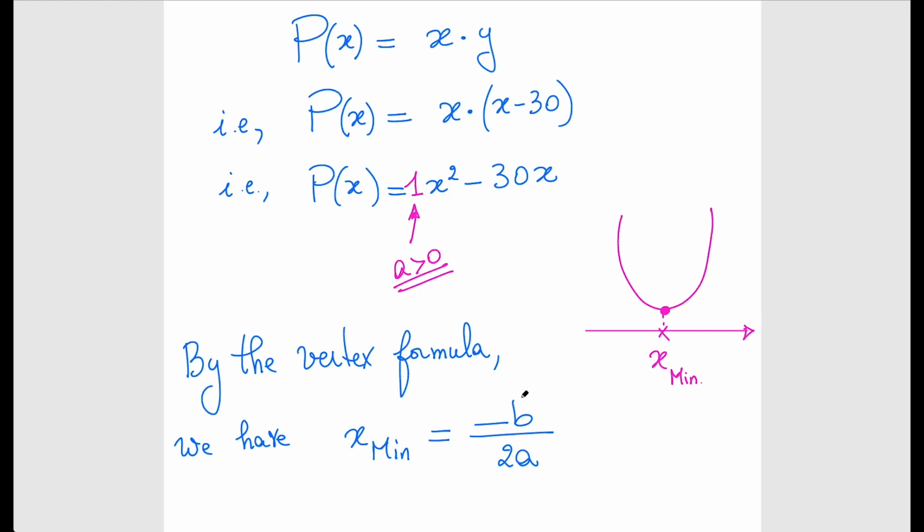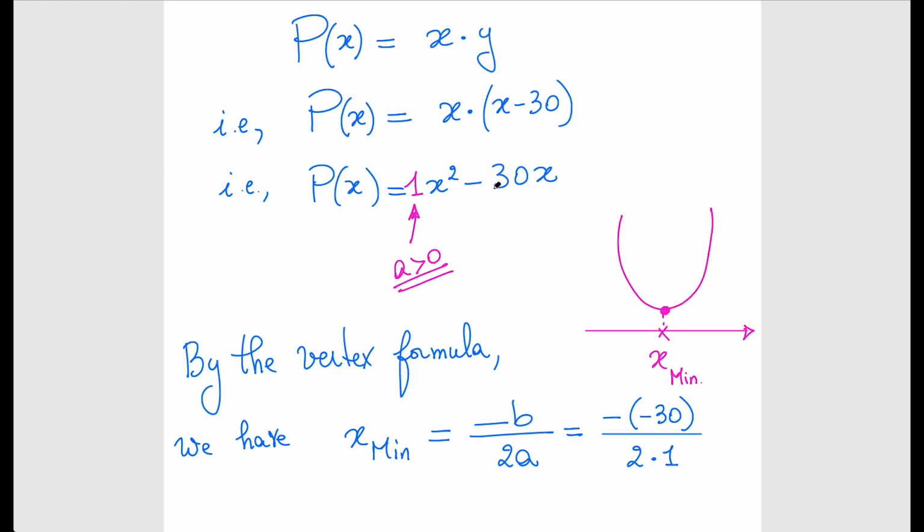Correct? This is what the vertex formula tells us. The minimum is reached at minus b over 2a. Okay? And what's minus b over 2a? Well, who's b here? b is negative 30, right? So that's going to be negative the negative 30 over twice a, and a is 1.